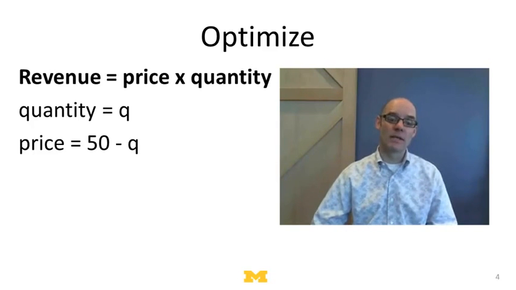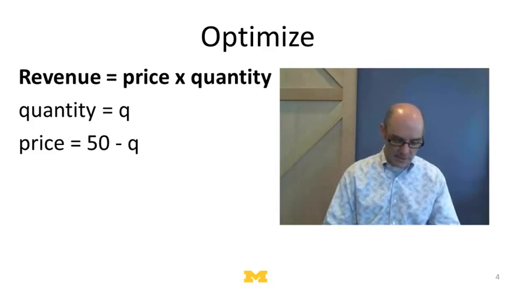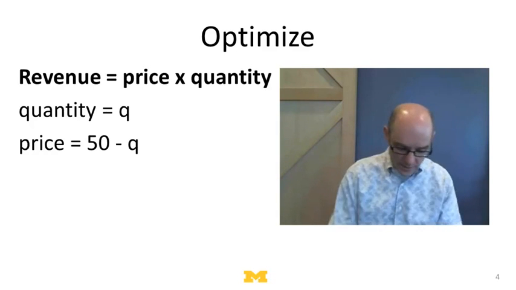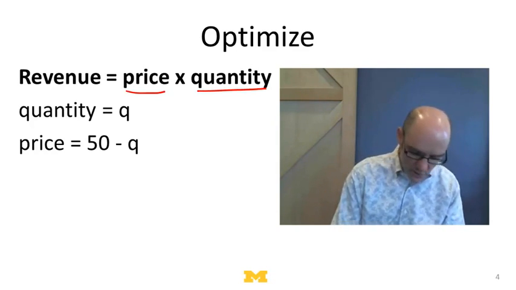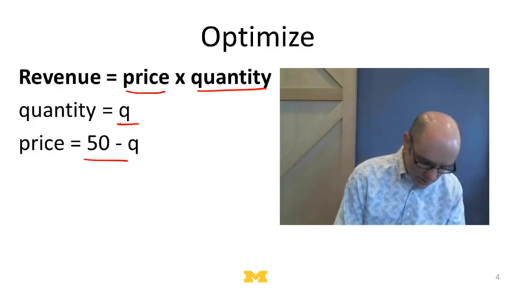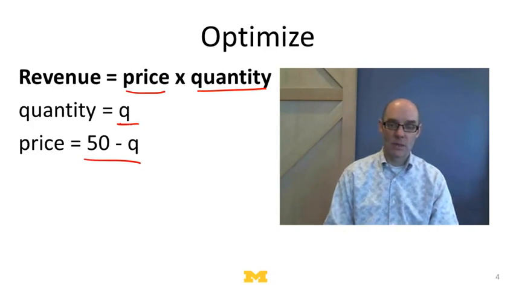So where can you apply this? Where can you apply the rational actor model? Well, let's take this simple case of a firm. What they want to do is maximize, let's say, revenue instead of profits. And suppose that the revenue, we can write it this way, right? It's just price times the quantity. That's how much revenue we're going to get. And let's suppose if we let the quantity be Q, that the price will be 50 minus Q. Now, why would this make sense?